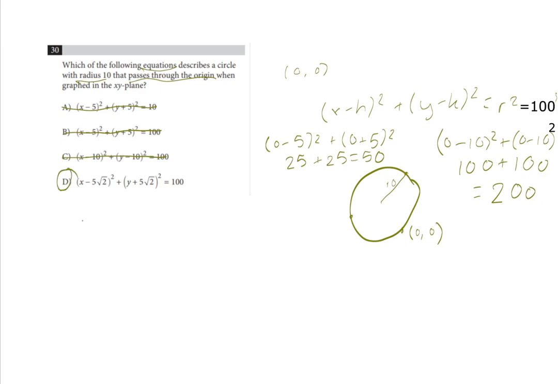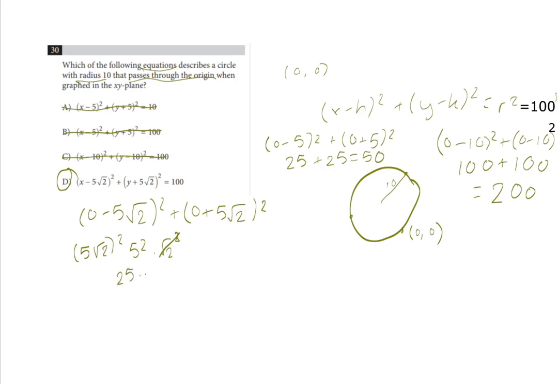Now, if we wanted, we could also test this as well. So this will be negative 5 root 2, and we have to square it. So I'm just going to show you a little bit how that works. We would do 5 squared times the square root of 2 squared, and these just end up canceling.